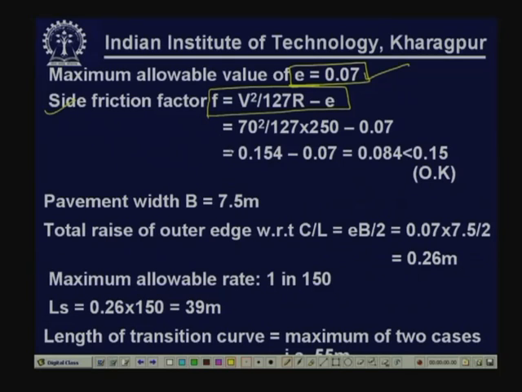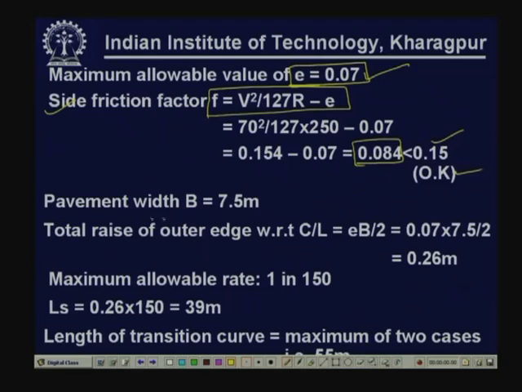So, we calculate F and we find the F value required is actually 0.084. Now, the permissible F as per the practice in India, or as per the recommendations of the Indian Roads Congress, is 0.15. So, it is less than 0.15. So, that means it is acceptable. So, this 7% superelevation is acceptable.